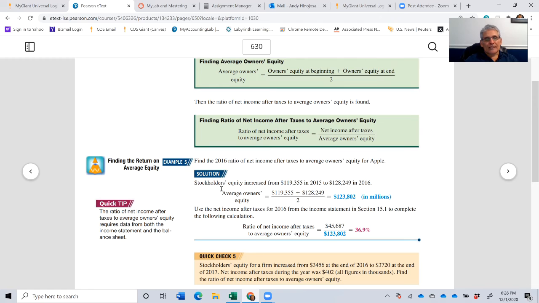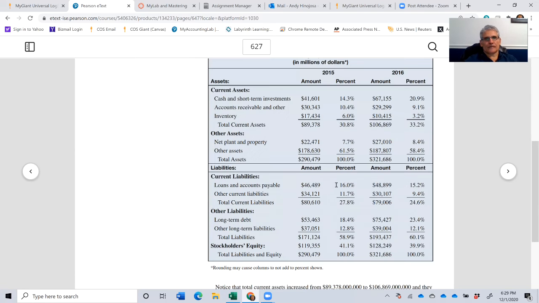So what we'll do is look at the balance sheet and notice that the stockholders' equity increased from 119,355 in 2015 to 128,249 in 2016. So back to page 627, we'll see the stockholders' equity for 15 was 119,355, and for 16 was 128,249.